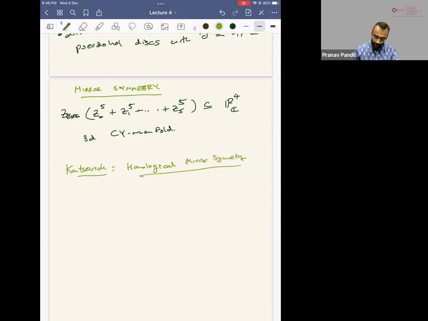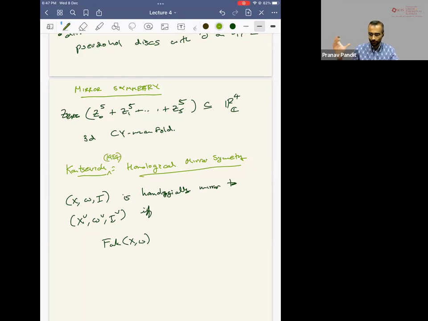You say that a Kähler manifold, so let, not let, sorry, sort of definition, (X, ω) is a symplectic manifold, (X, I) is a complex manifold, is homologically mirror to (X check, ω check, I check) if the Fukaya category, which is an A-infinity category, this was in 1994, and at that time the Fukaya category had not even been developed and fully defined completely.